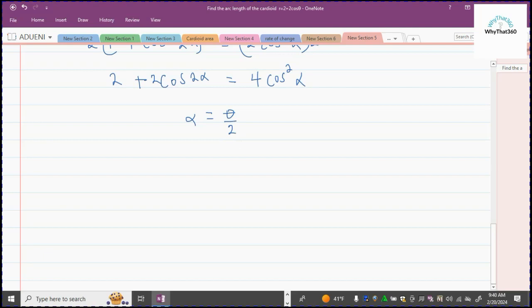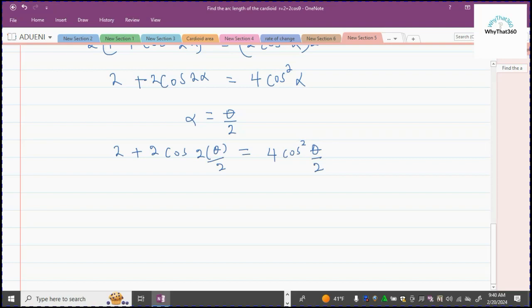So when we do that, we are going to get 2 plus 2 cos theta, since 2 alpha is theta, and now it's equal to 4 cos squared of alpha, which is theta divided by 2. Everything okay?